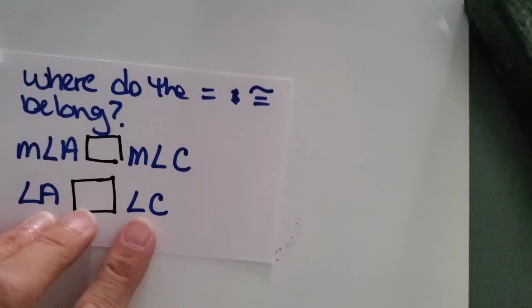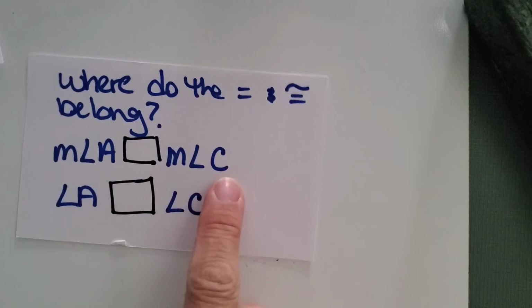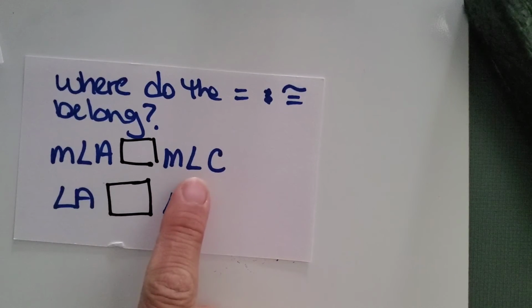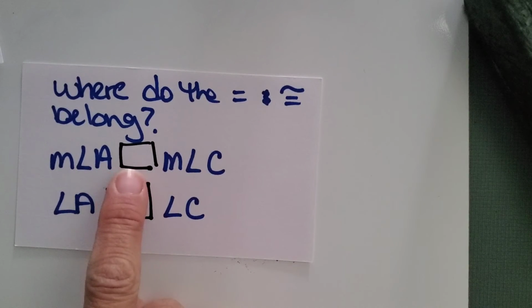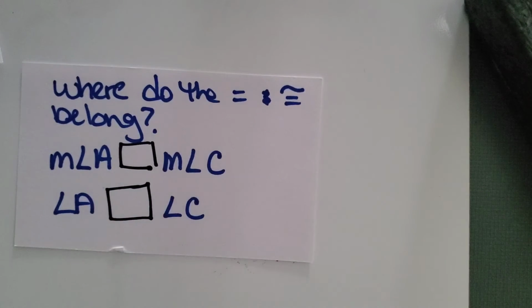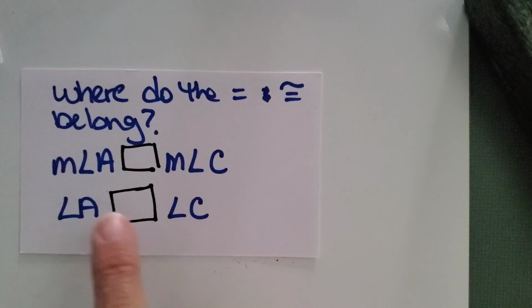So if you see the measure of angle A, the measure of angle C, they're talking about what the degrees are. So you want to put an equal sign there. That's where the equal sign goes. But remember, congruent means same shape and same size. So if I'm actually talking about the shapes, then I would use the congruent symbol to show that these two are the same or equal. It's a really important little piece that we talk about in geometry.